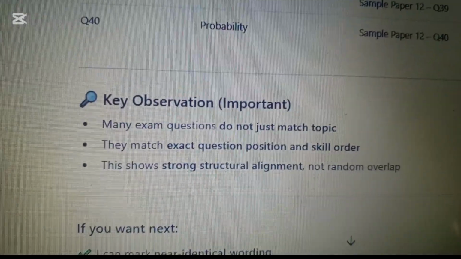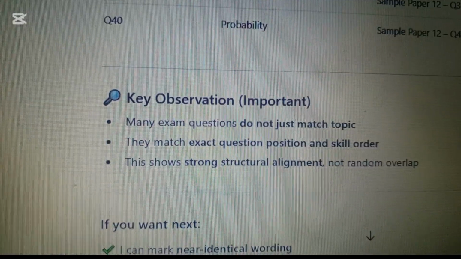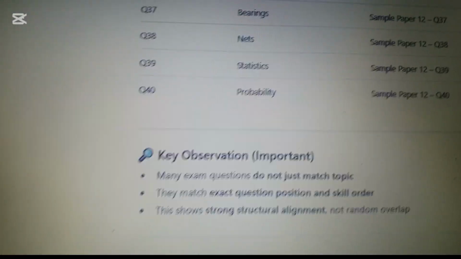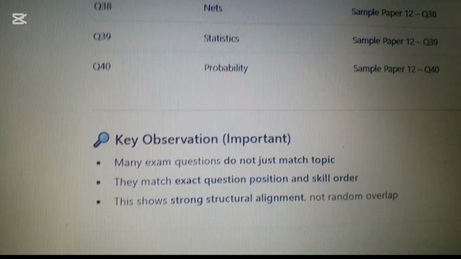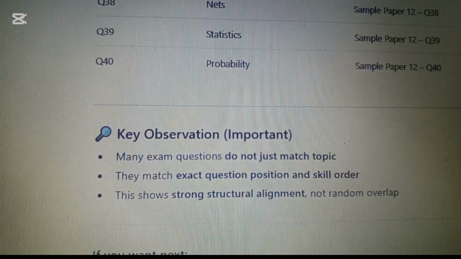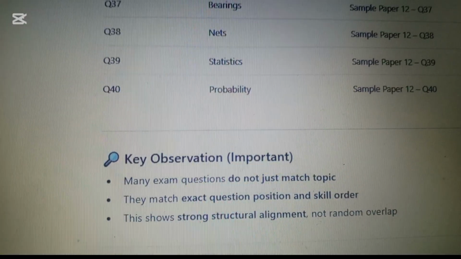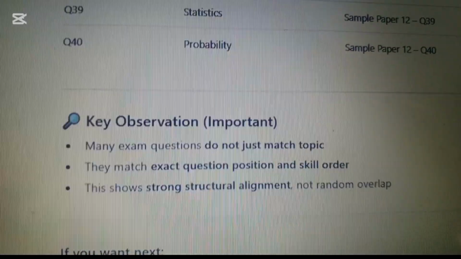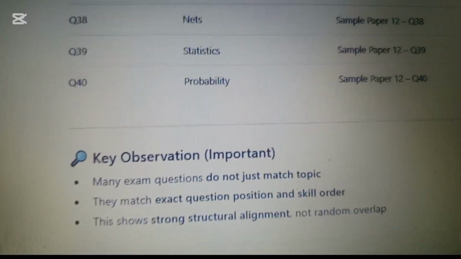Remember in the video that I did on predicting KJSEA Mathematics 2025, I showed which topics will be tested in which question, and you can see from my book and from the exam that was tested last year, AI says that there is exact matching of the topics and the question number.